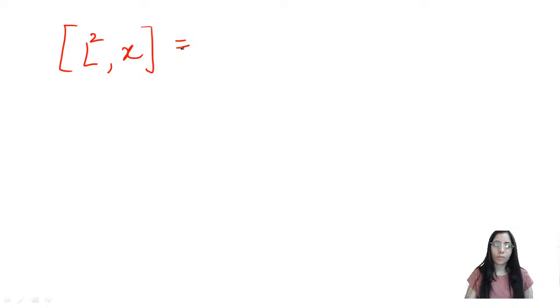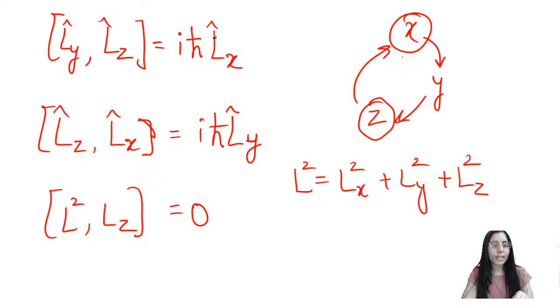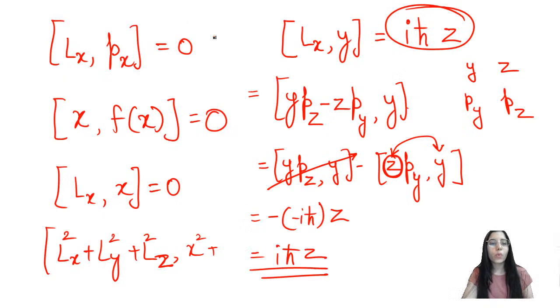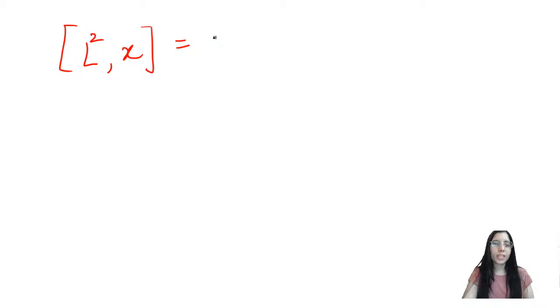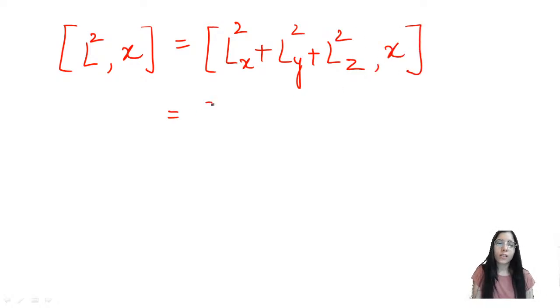If you are having any doubt regarding this, what you can do? We have already considered L square with Lz, that's 0, clear. Now we are considering L square with x. So if you have any doubt or confusion, write Lx square plus Ly square plus Lz square with x, and consider it step by step, and you can easily find it by following these steps.